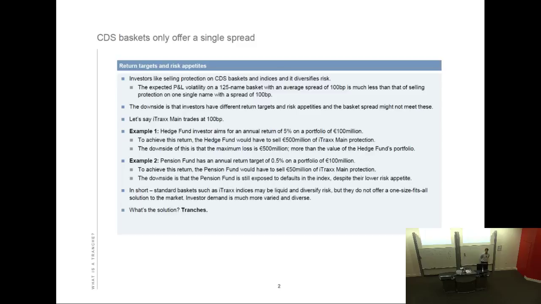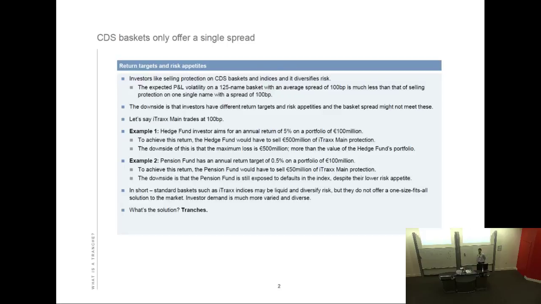Then iTraxx main trading at 100 basis points means that you could just invest half of your money in the index to get your return target, your 50 million. But sorry, you could just invest 50 million to reach your return target. But in a way, that's not very efficient, because you're not quite happy with that.